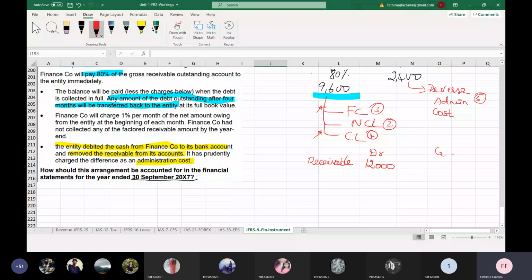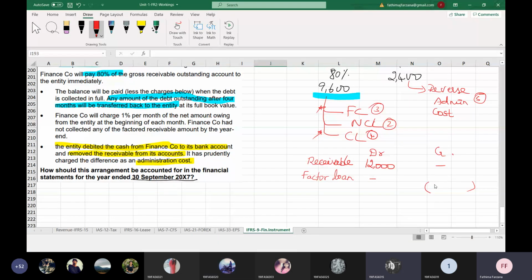Then I go into non-current liability. What is that called? If you are receiving a loan from a factor, it is called a factor loan. Is a loan debit or credit? Credit. How much is the loan? $9,600.